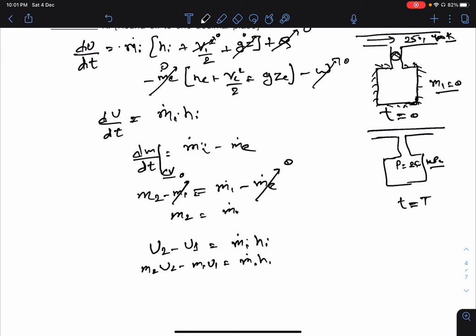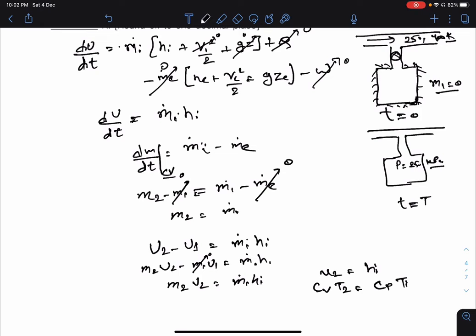Since we know m1 is equal to 0 at initial stage, so m2 u2 is equal to m_i dot h_i. So m2 is equal to m_i, so we can write u2 is equal to h_i. I can write cv T2 is equal to cp into Ti.